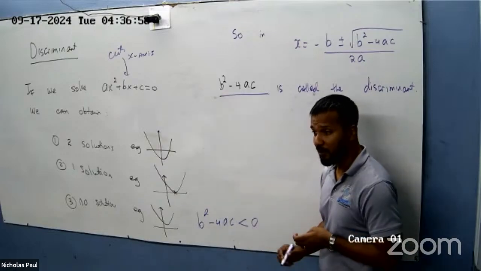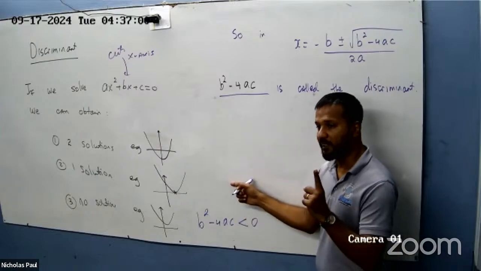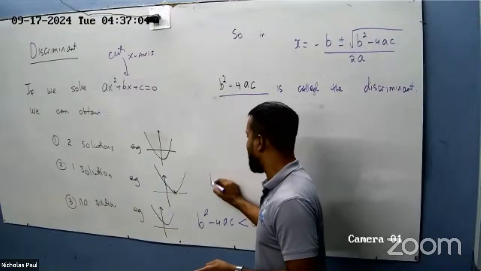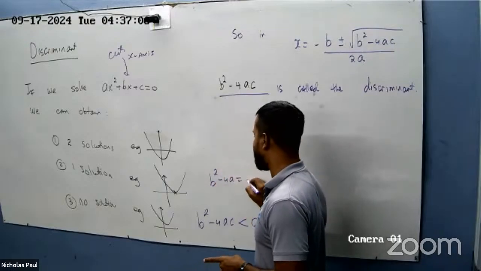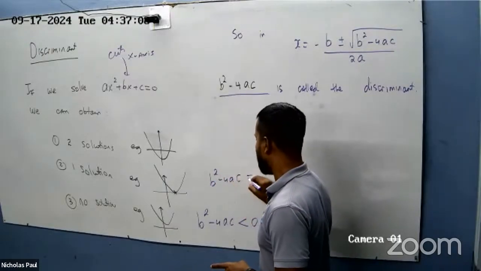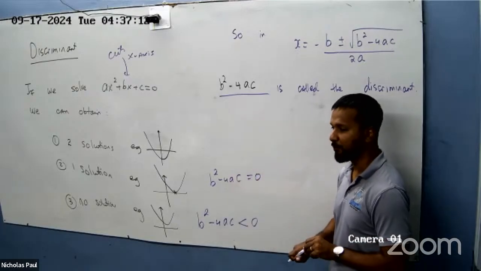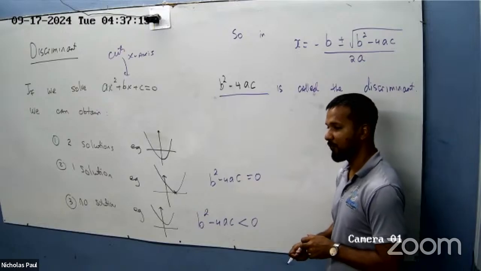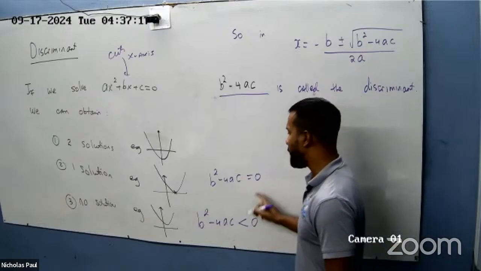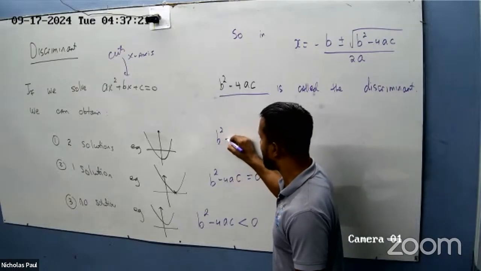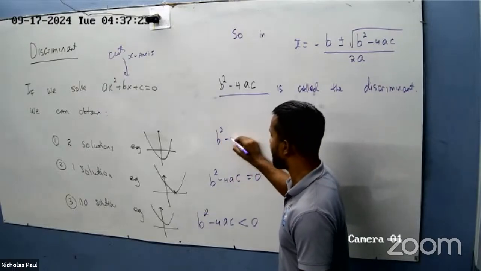That's okay? When would you get 1 solution? When b squared minus 4ac is equal to 0. When would you get 2 solutions? Very good.